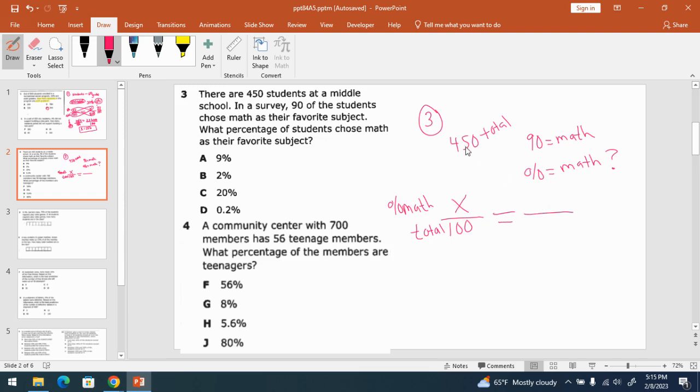Okay, they did give me the total of 450, so that will be on the bottom. And they did give me that there's 90 math, so math goes on the top, 90 math. See, the most important thing is to label, guys. You need to label who is the total and what they're talking about. In this case, they want the percent, that's the x. That's the question, they want the percentage. See, what percentage? Right there.